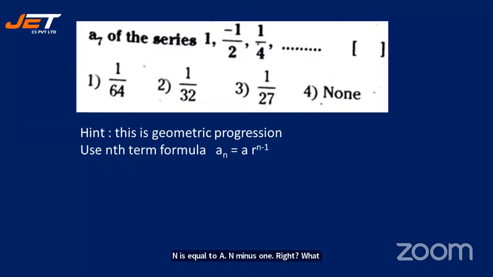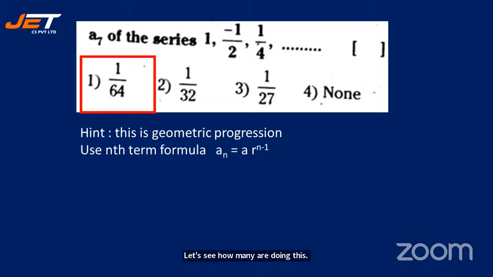Right? What is a_1? And what is n? 7 minus 1. Isn't it? Yes. Right. Fine. So try to do the sum and give me the answer. Let's see how many are doing this sum.